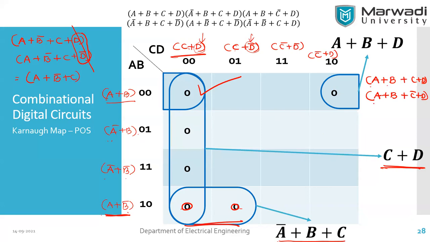So A plus B and A plus B are common, D and D are common, C and its complemented form is the variable which is changing. So variable and its complemented form both are covered. So we will eliminate that variable and we will get A plus B plus D. Do you understand this, or does anybody have any question related to this simplification?